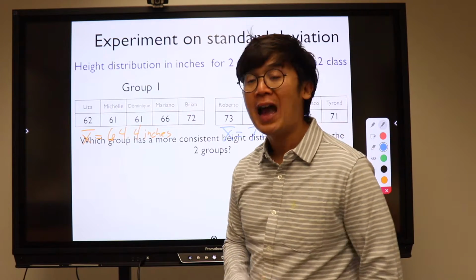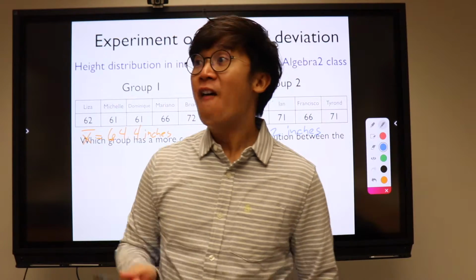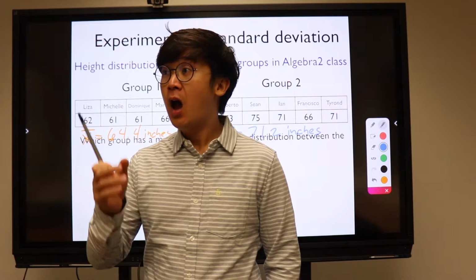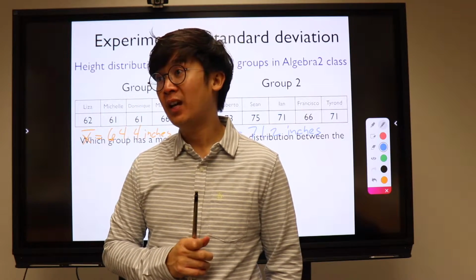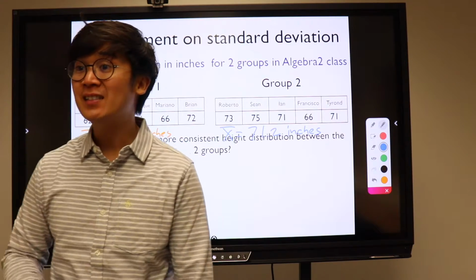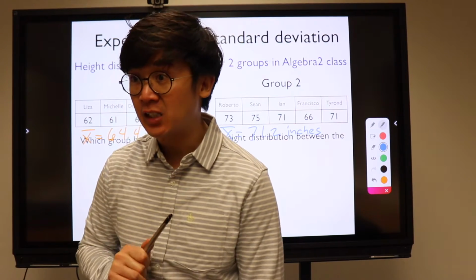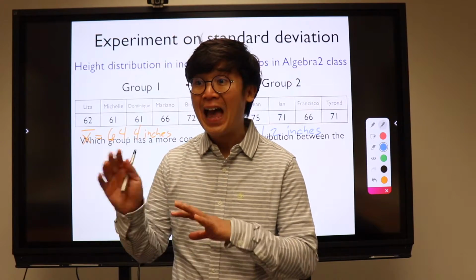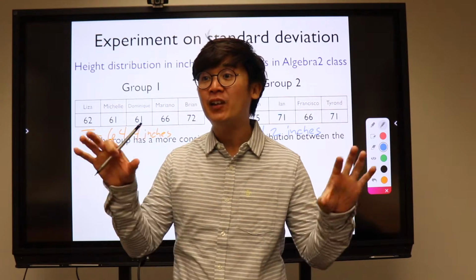I'll show you how to mathematically compute for a description that will tell which group is more consistent between the two groups. And that is the importance of the standard deviation. It will compute for the variability or the average differences in your data set.